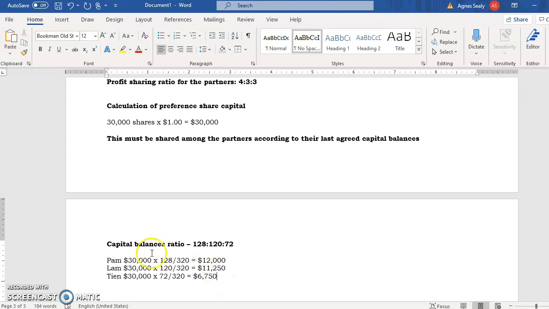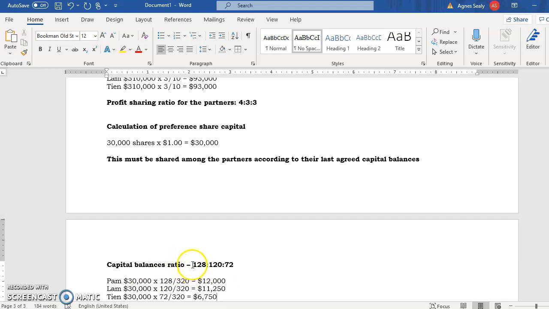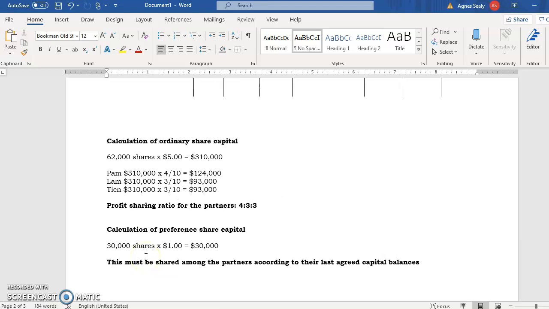Now we are going to put these in the capital accounts by debiting the capital, because we want to close the capital accounts for the partners, and credit the preference share capital in Apex Limited's books.